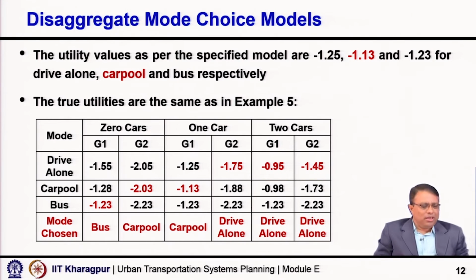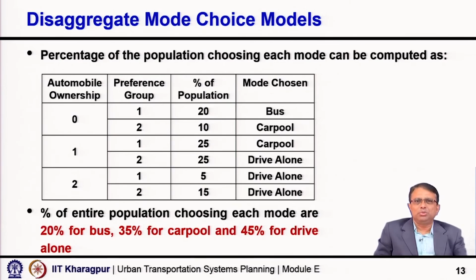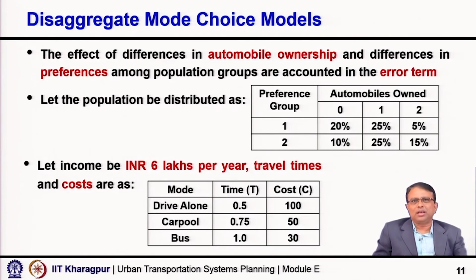So, what we will find? We know how much percentage of population belong to 0 car, 1 car, 2 car, and also based on group 1 and group 2. So, that distribution is known from this example. You know that say group 1 with 0 car 20%, group 1 with 1 car 25% of the overall population.